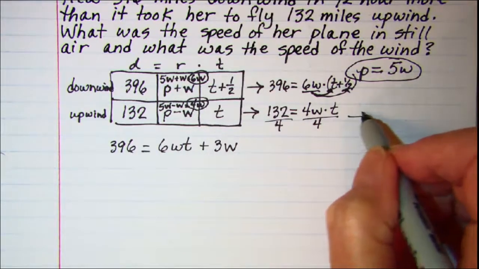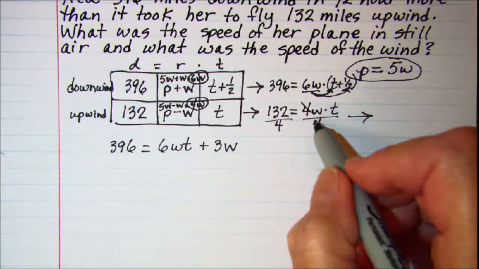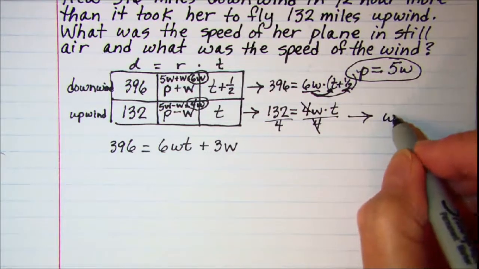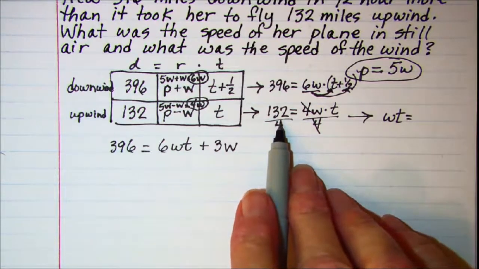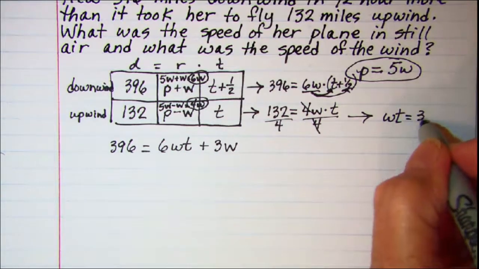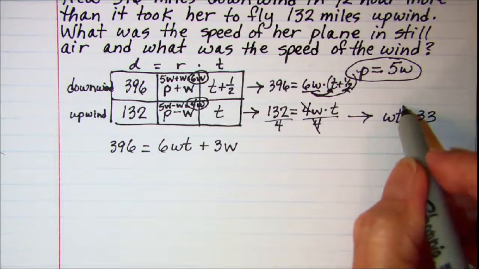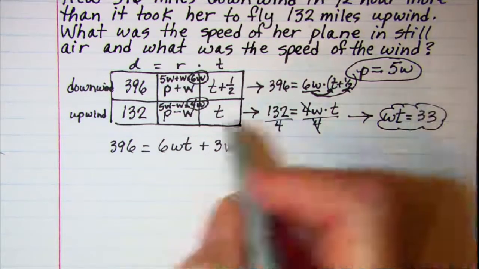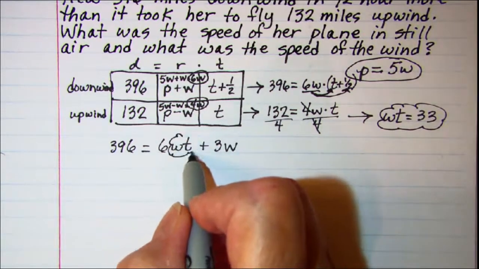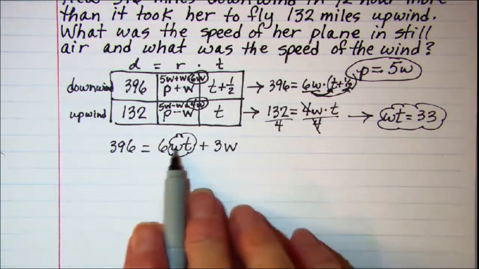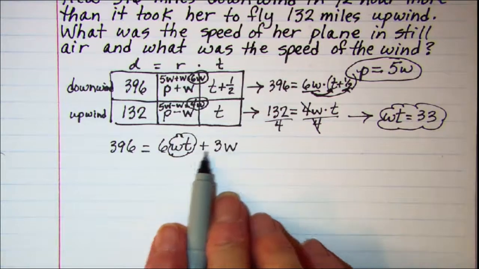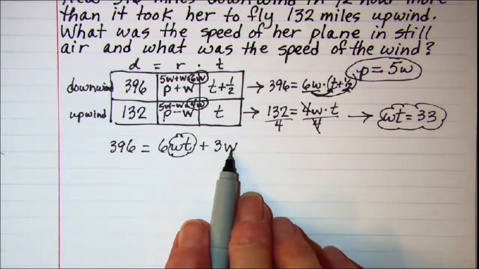That'll simplify that. These 4's cancel, and I see that WT is equal to 33. All right. This I'm going to sub into this equation in place of WT, because I'll have a number then, and the only variable I'll have here is the W.